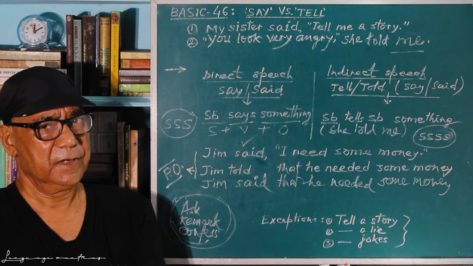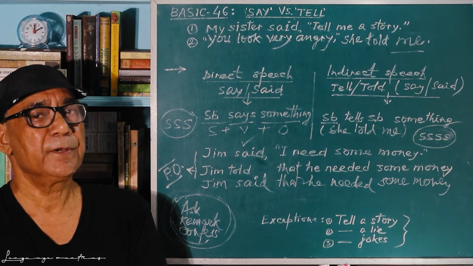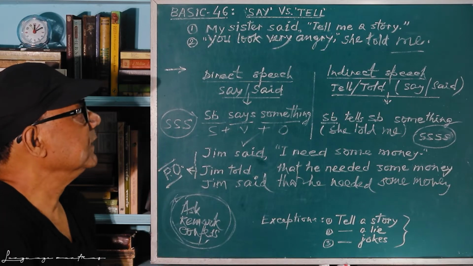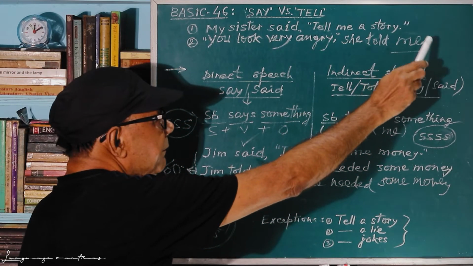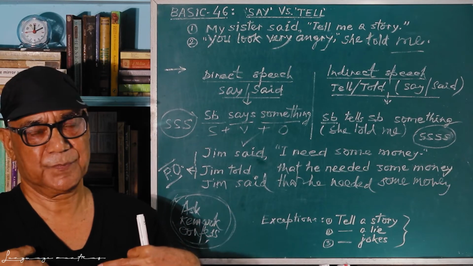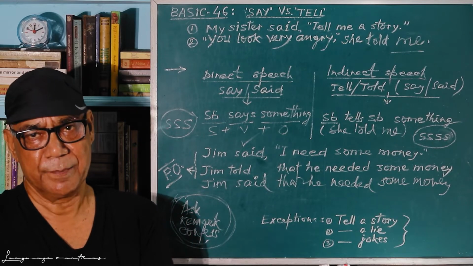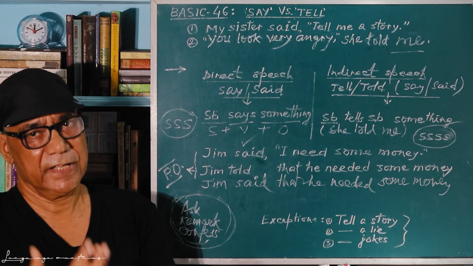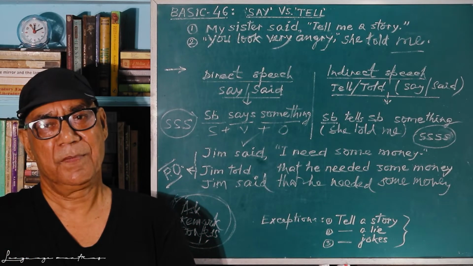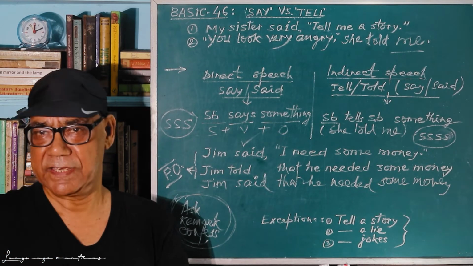Tell verb requires an additional item, that is a personal object. What is that? She told me, me is a personal object. Personal object means me, him, her, them, even my father, my mother. That means I told him, I told her, I told my father.